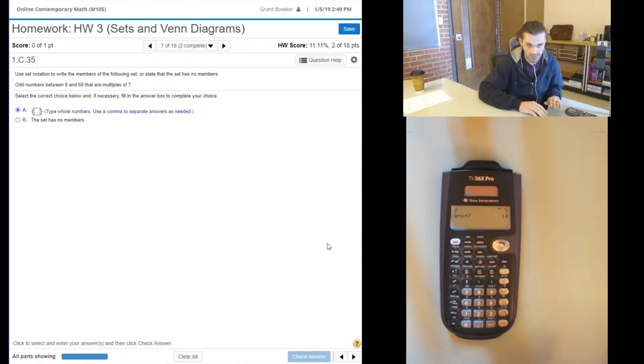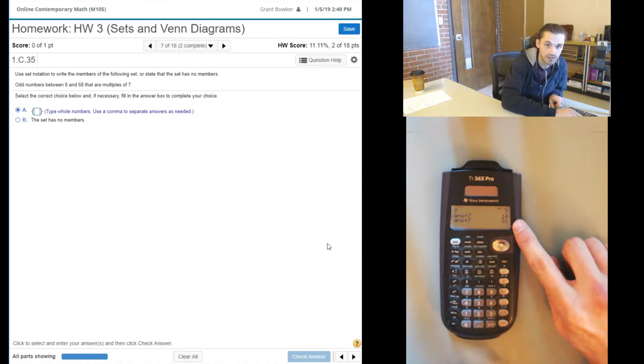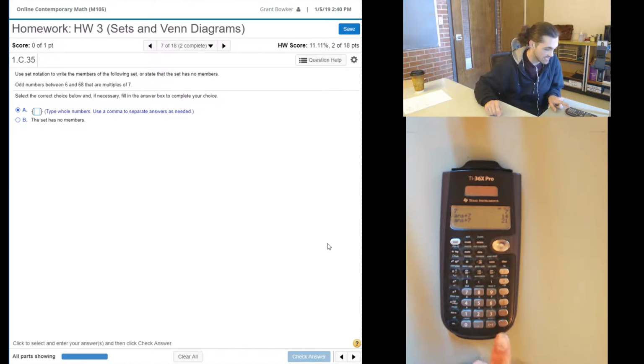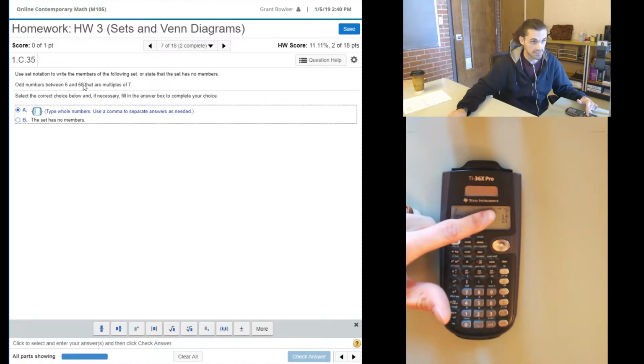So essentially what I'm doing here is creating a list of all the multiples of 7. Here I have 7, 14, 21, and I'm just going to keep hitting enter to keep adding 7, and I'm going to record the numbers that are between 6 and 68.